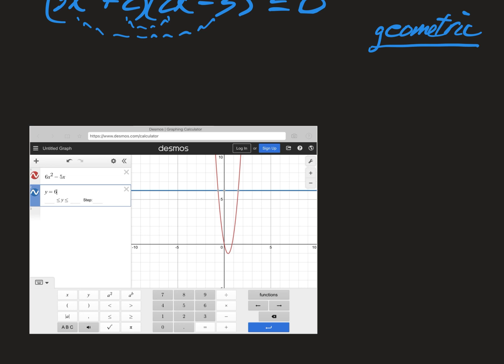Now, what we're saying is that the graph of 6x squared minus 5x is less than or equal to 6. That's our original inequality. So what are we trying to do? Well, we ask ourselves, where is the graph less than or equal to 6?